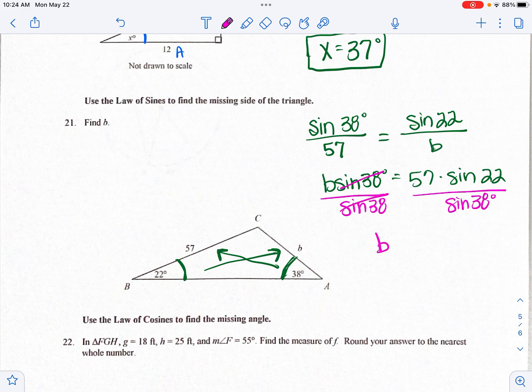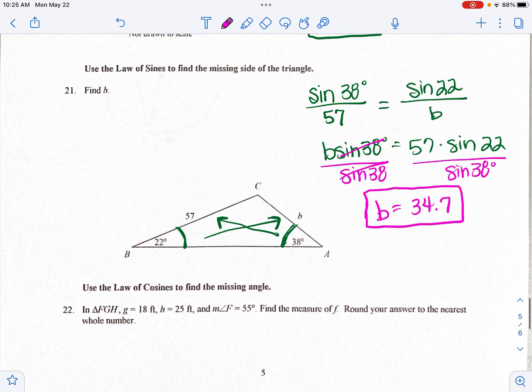So B is going to be equal to 57 times the sine of 22 divided by the sine of 38. And I get 34 point, what are we rounding to? Okay, so I'm going to stick to the tenth, 34.7. That's the law of sines.